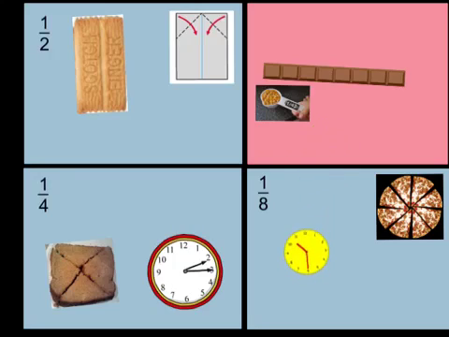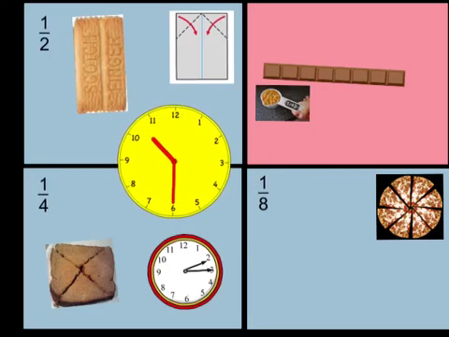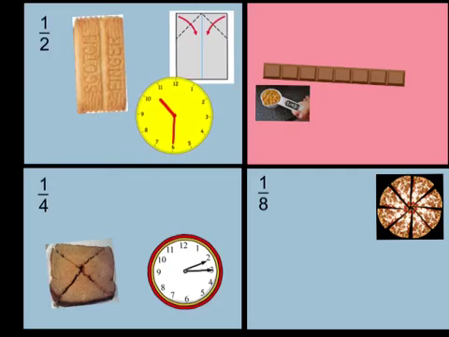Let's try the other clock then. In this clock, how far has the minute hand gone around? Starting from here, how far around the clock has it gone? Well, it's gone half a way around the clock, so it belongs in here with the other half objects.